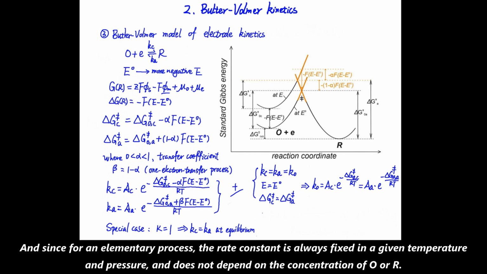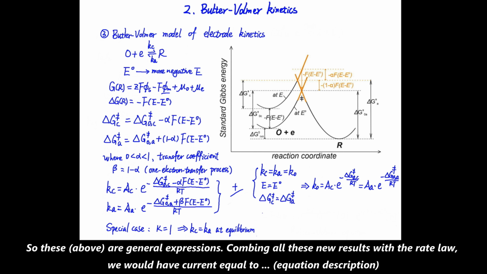And since for an elementary process the rate constant is always fixed at a given temperature and pressure and does not depend on the concentration of O or R, so these are general expressions.